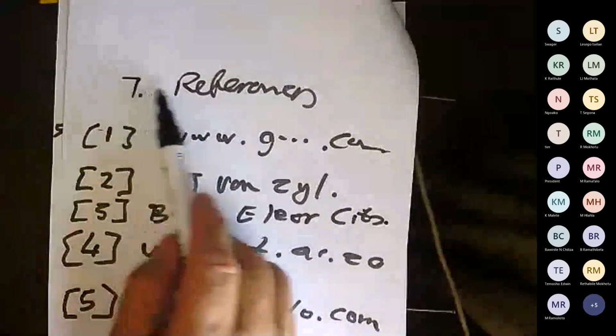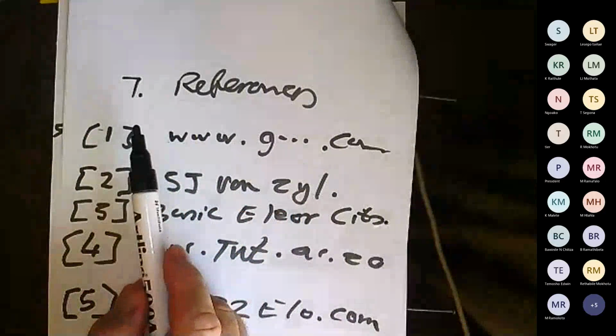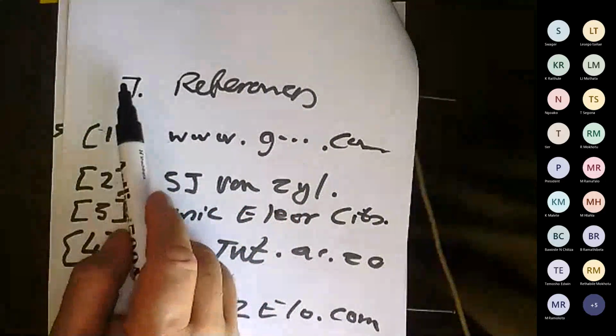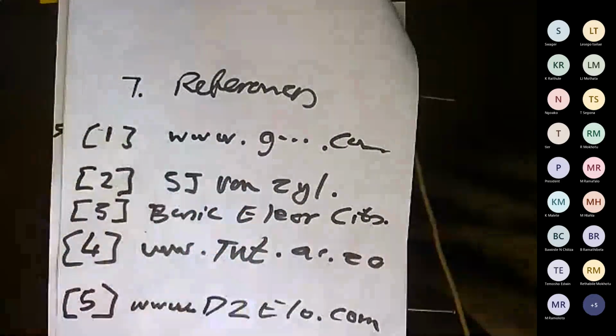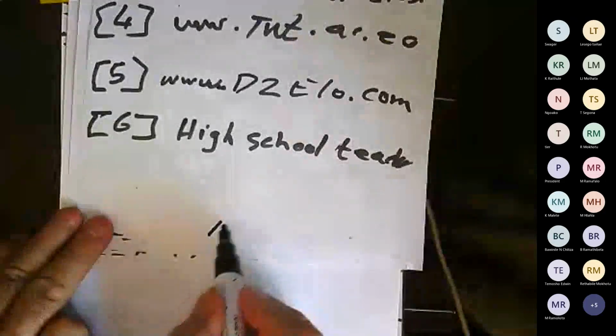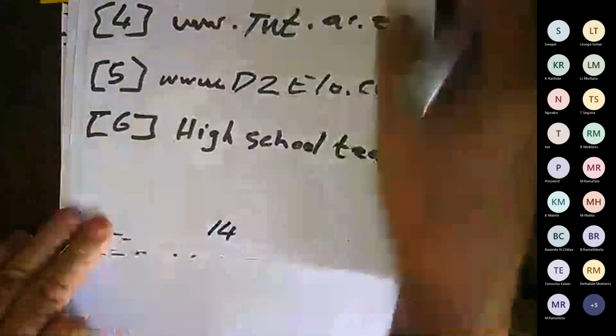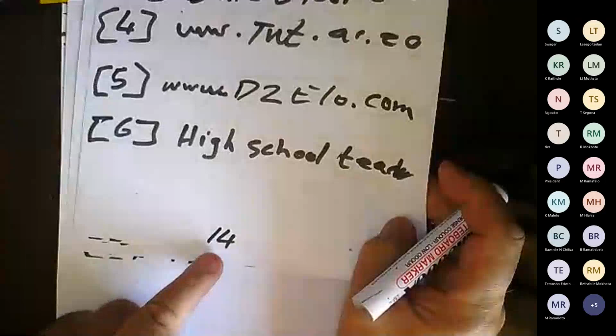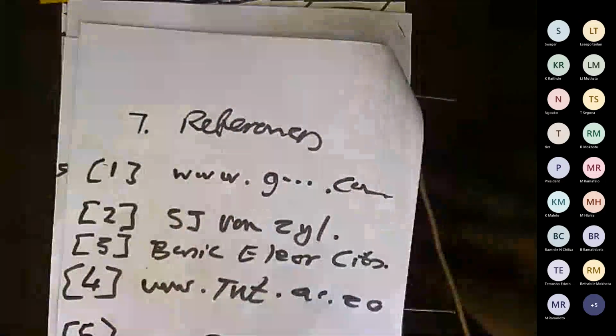So this is your reference page, chapter 7. Remember, we've got 7 chapters in the report. You've got 7 chapter numbers. It's not the page numbers. The page number is something different. The page numbers you put here on the bottom, maybe it's page 14 here. So don't mix up the page number with the reference chapter number.